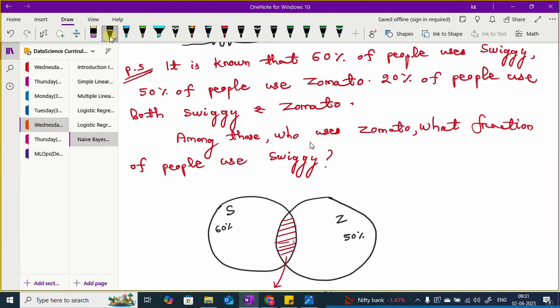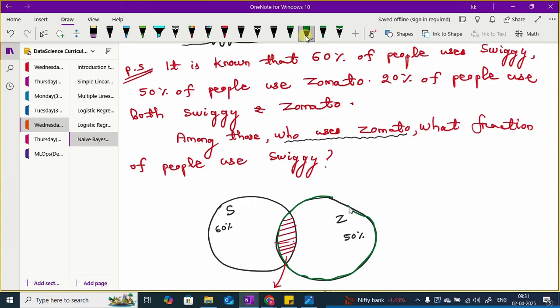Among those who use Zomato. Now, whenever I'm saying Zomato, guys, let me use a different color so that it will be easy for me to call. Think of Swiggy as a black color circle, Zomato as a green color circle, right?